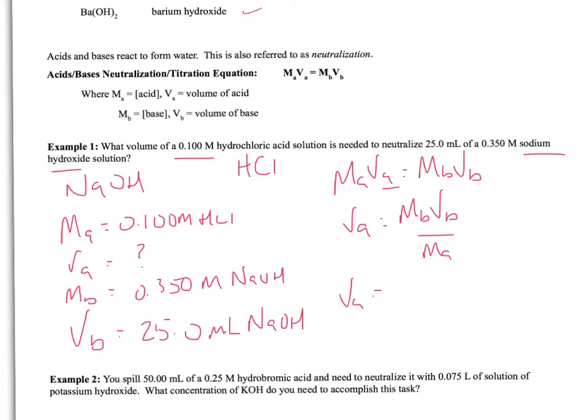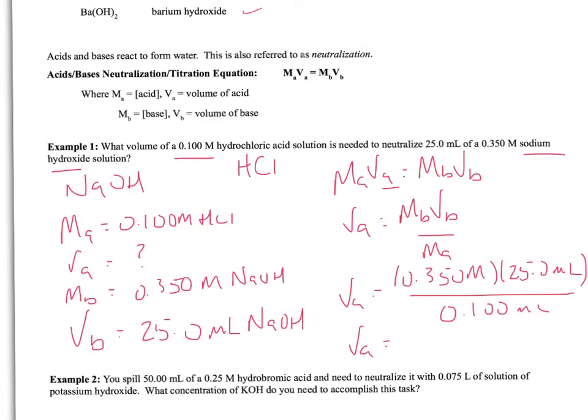VA is equal to 0.350 molar times 25.0 milliliters, all divided by 0.100 molar, and your volume of your acid, with sig figs of course, is 87.5 milliliters. And of course we have to include units. So hopefully you got that answer.